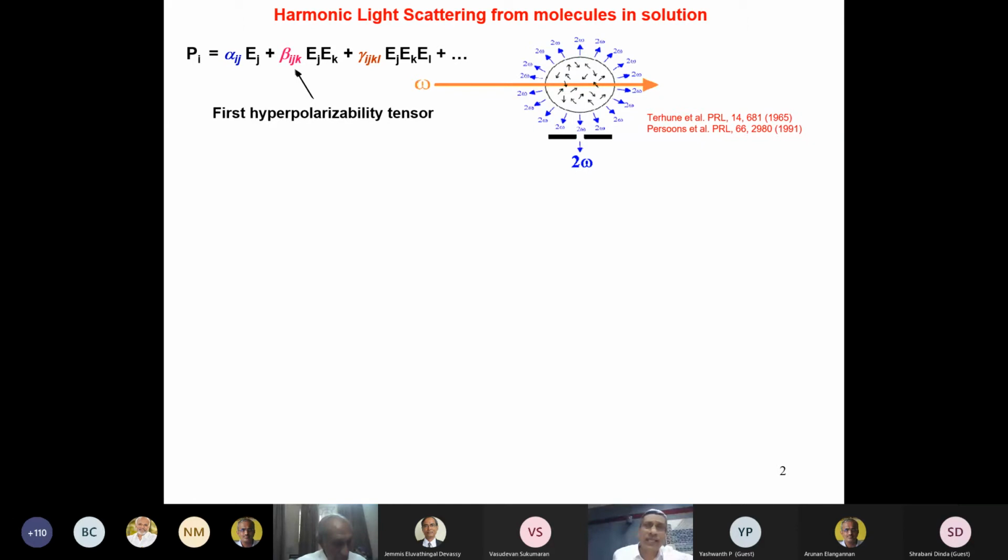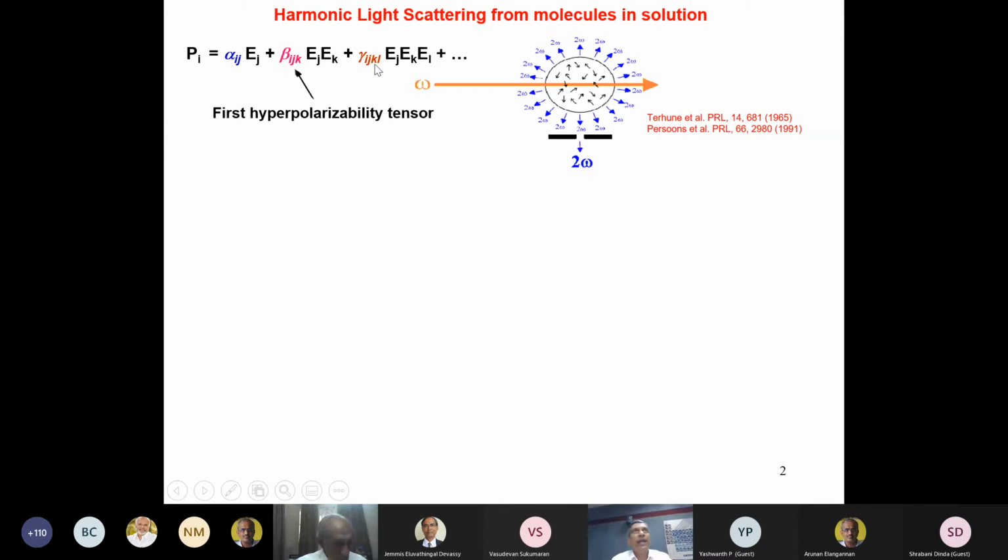What it basically says is that if you shine light which has a dynamic electric field associated with it, you polarize the molecules, and in that polarization, you have the first order polarization, the second order polarization, the third order polarization.